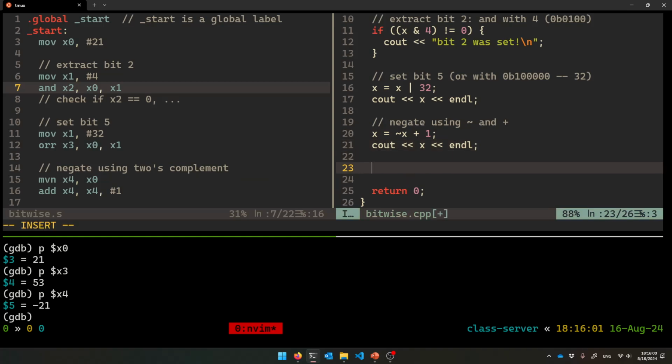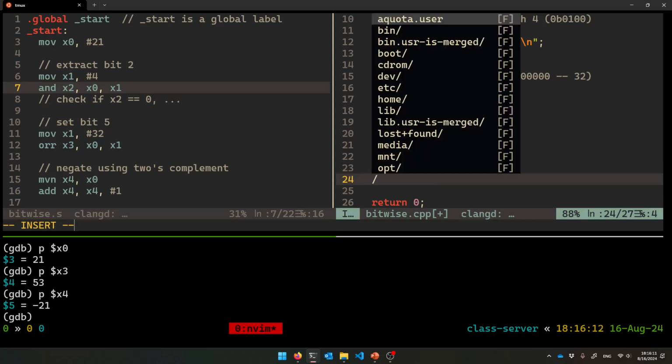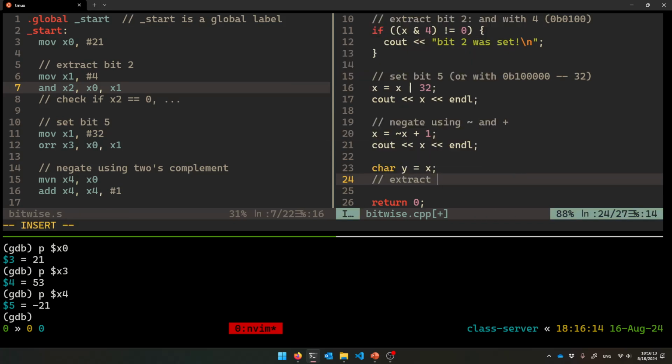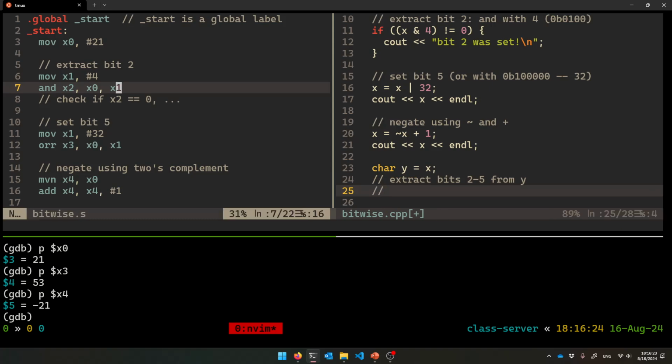So let's start with x. char y equals whatever x was. Convert it down to 8 bits wide, since chars are 8 bits. And let's extract bits 2 through 5 from y. How do we do that using bitwise operations?